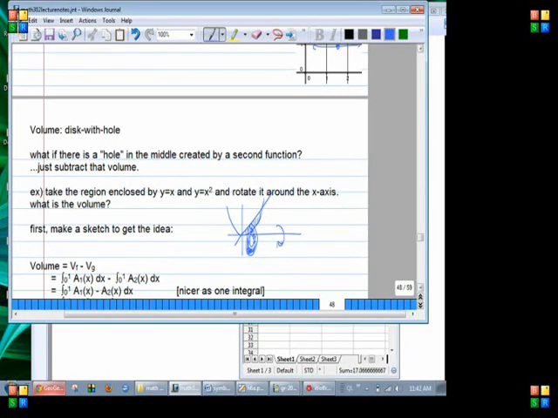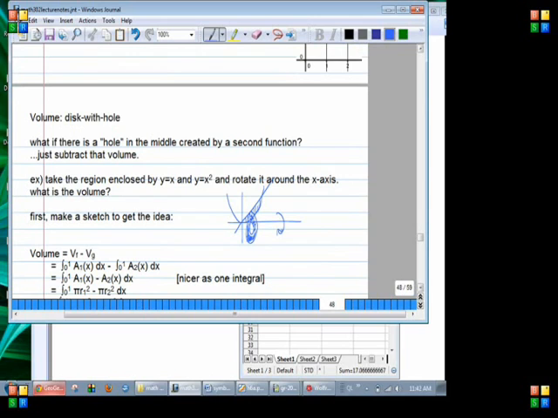Now I'm going to squeeze this together as one integral. Usually we take integrals apart, but I'm putting the integrals together to see that what we want to do is the integral of pi r1 squared minus pi r2 squared. So the first one is the area with that radius, and the second one is the area with that radius.